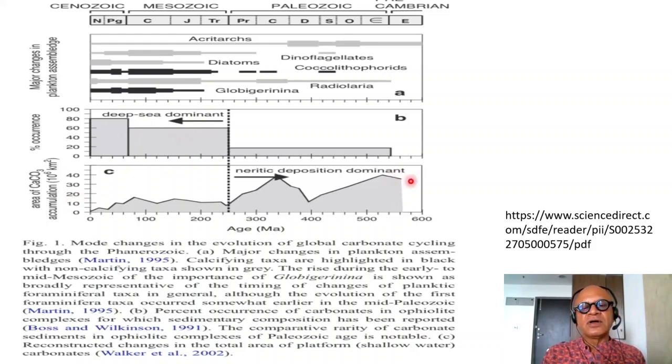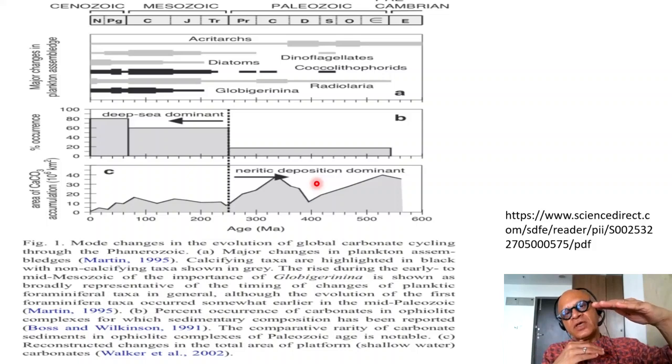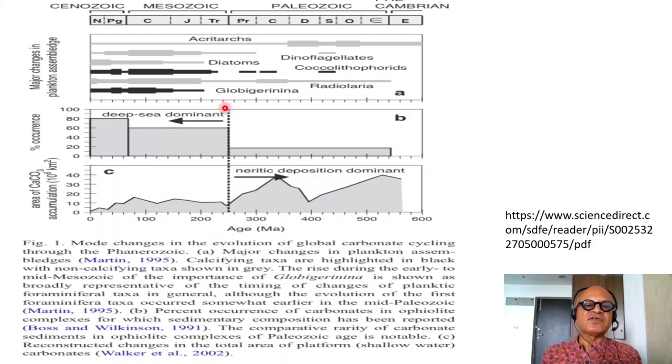So here neritic deposition is dominant, which means there was lots of shelf area available in the tidal ranges where the carbonate compensation depth would have been very shallow, the water column would have been very shallow, and you would have deposited large amounts of calcium carbonate. And then after this transition here, you see this drop in the area of calcium carbonate accumulation in million square kilometers. So this is kind of an indirect effect on the calcium carbonate pump and the atmospheric CO2 levels, which would have affected weathering rates, etc.